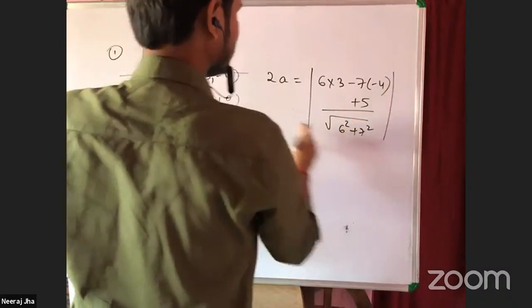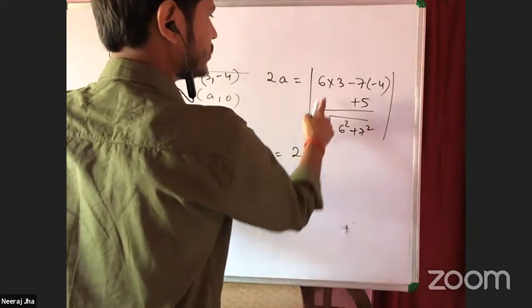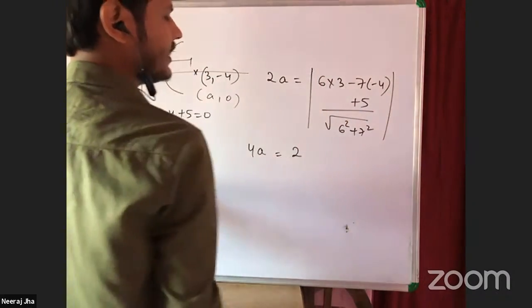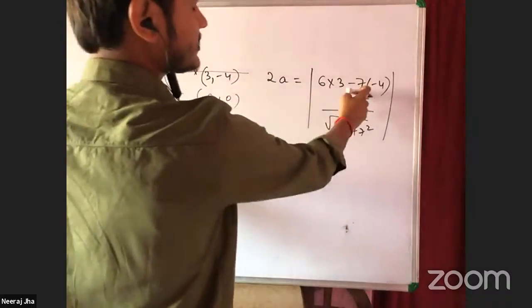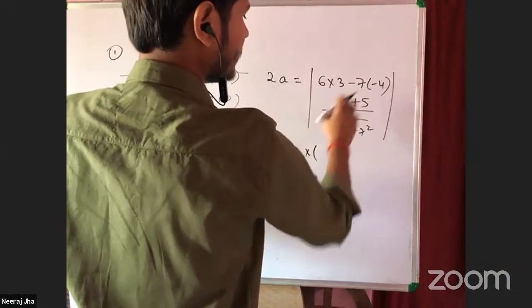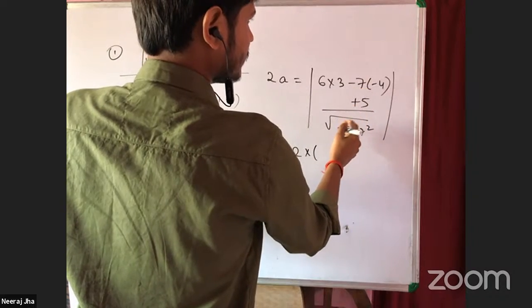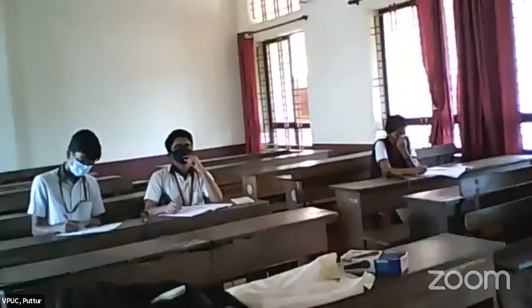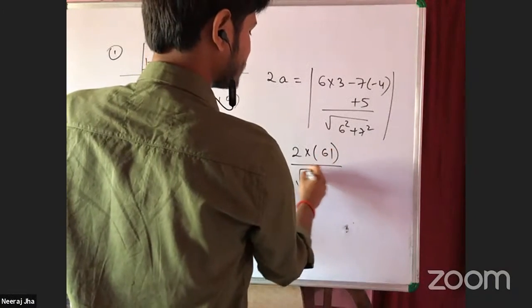What I need is 4a, so I'll multiply this by 2. 6 times 3 is 18 plus 5 is 23, and 7 times 4 is 28, so this is 23 plus 28, which is 51, into root over 6 square plus 7 square.